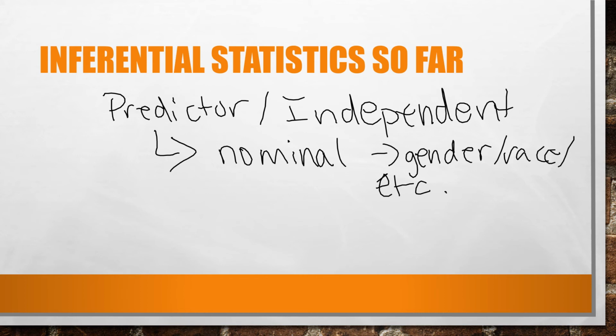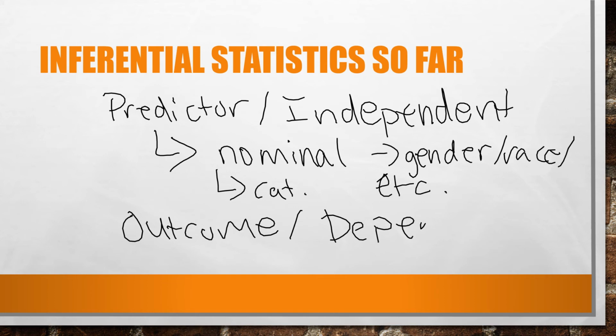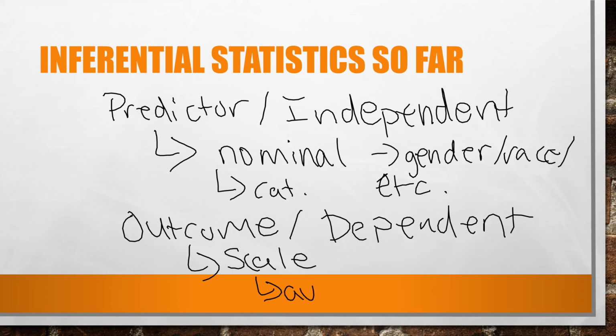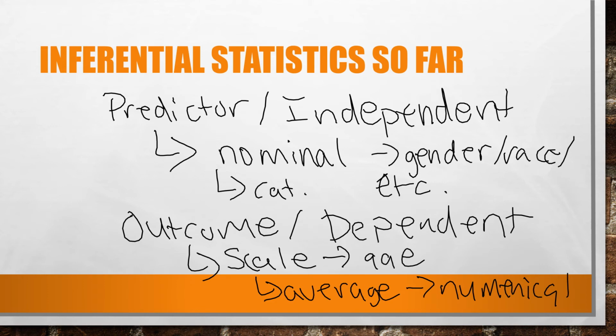And our outcome, or also the dependent variable, was a scale variable, so something you can average. It's numerical, like age or income. Some good examples.